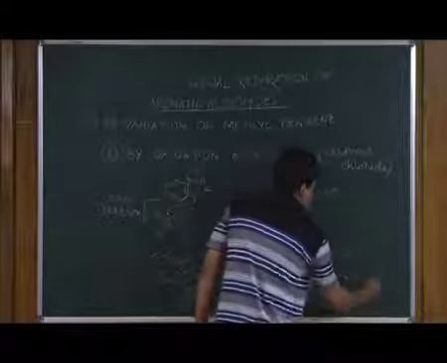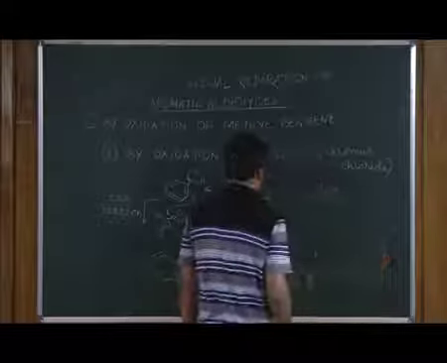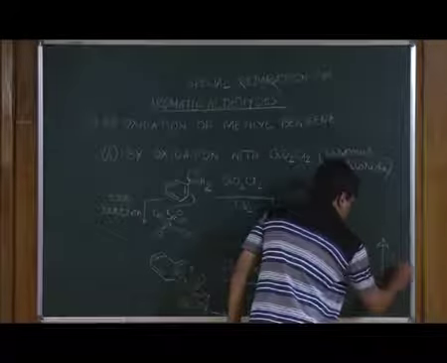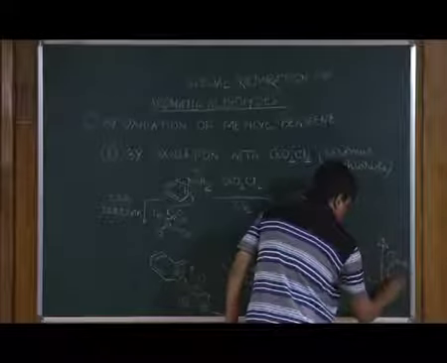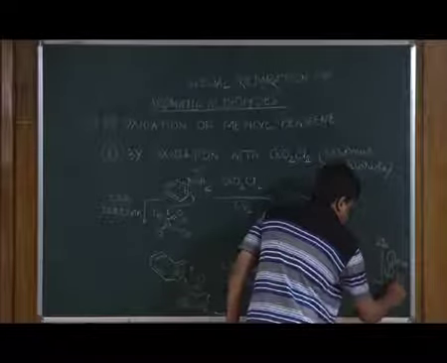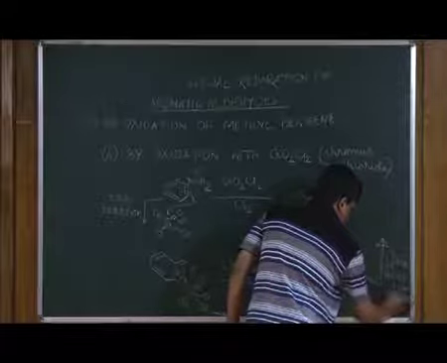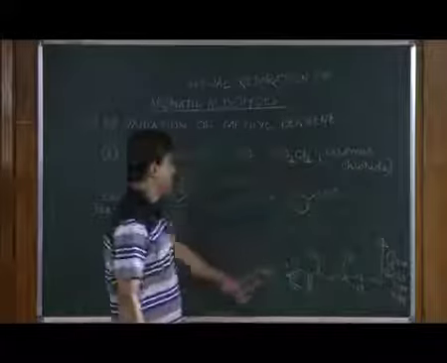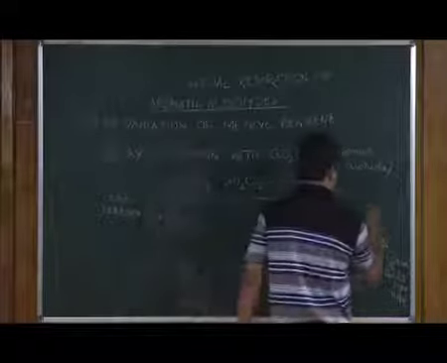There are two possibilities: either again this sequence happens, that is the ene reaction and a 2,3 sigmatropic rearrangement with another chromyl chloride, and then you can get this compound.